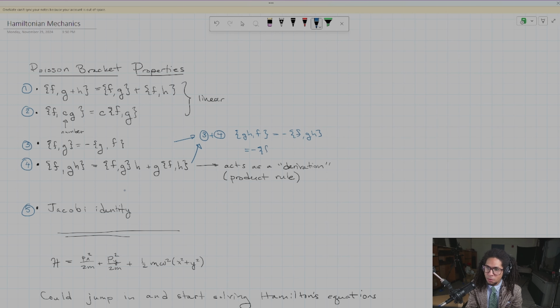So that gives me minus F bracket G on H minus G times F bracket H. And then I can put them back in the order I started.